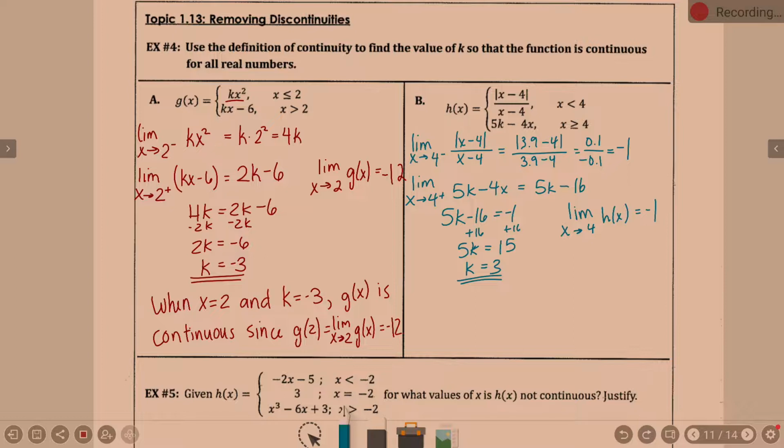So, when x equals 4, and k equals a positive 3 this time, h of x is continuous since h of 4 equals the limit as x approaches 4 of h of x, which all equals negative 1.